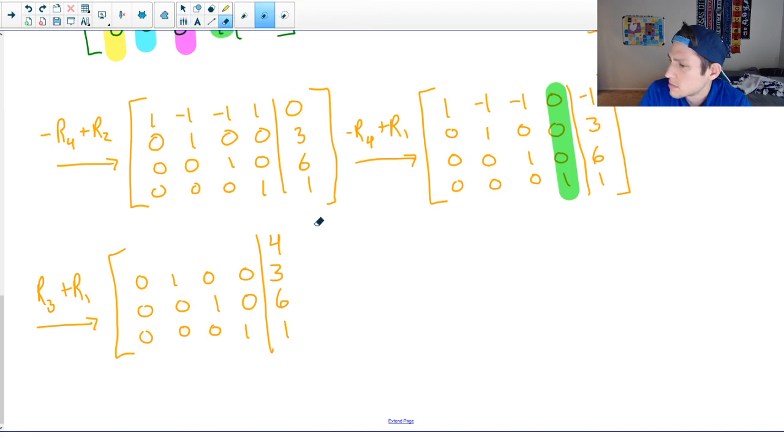Or wait, hold on. Not 1 plus 3, my bad. Row 3 plus row 1. So row 3 is 6. 6 plus negative 1 is 5. 0 plus 0 is 0. 1 plus negative 1 is 0. 0 plus negative 1 is negative 1. 0 plus 1 is 1.